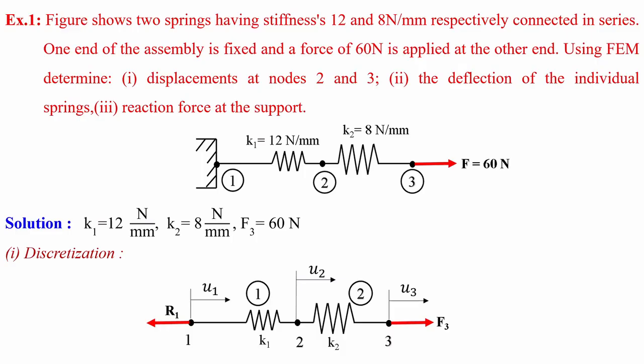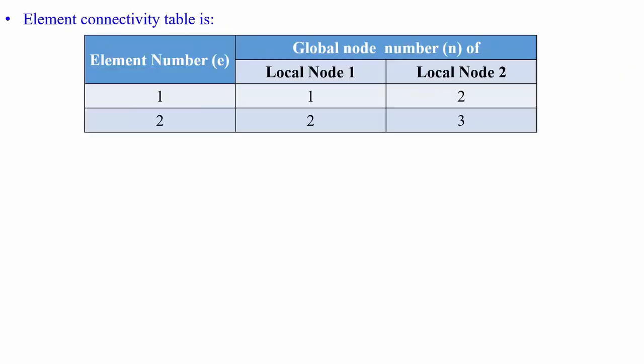Now let us plot the element connectivity table. For element 1, as we have discussed in the last video, we have global node numbering as well as local node numbering. So here 1, 2, and 3 are the global node numbers, whereas each individual element will have local nodes 1 and 2.